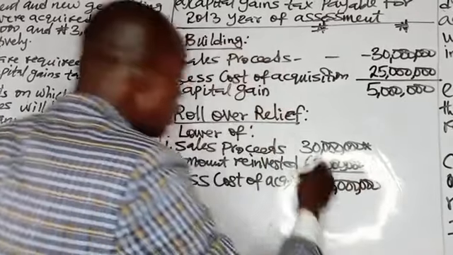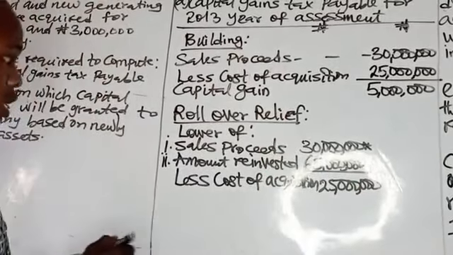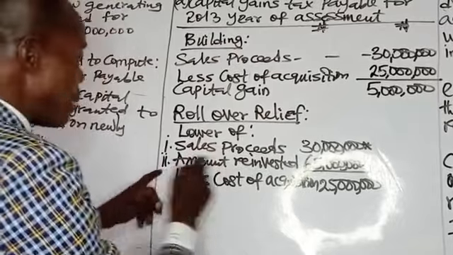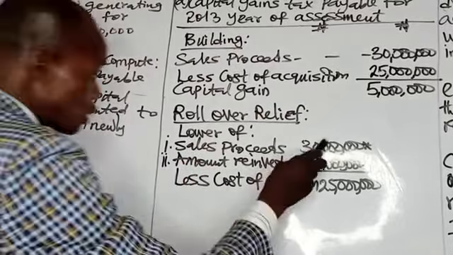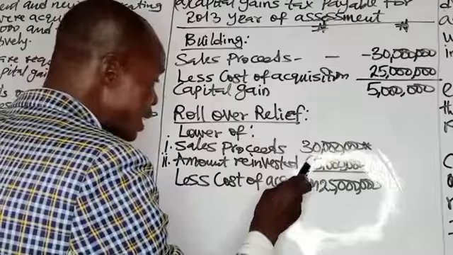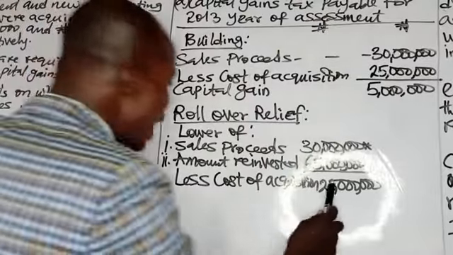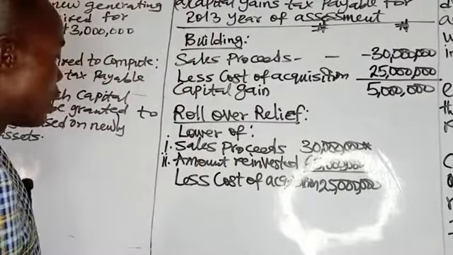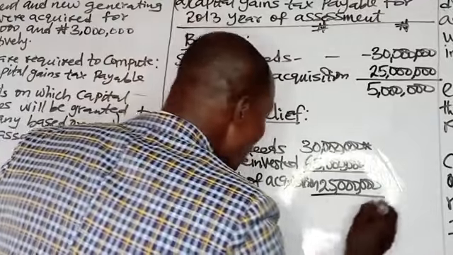Remember we are choosing the lower of sales proceeds and the amount reinvested, and we are choosing 30 million since it is lower than 65 million. If you subtract 25 million from 30 million, then you will have 5 million.